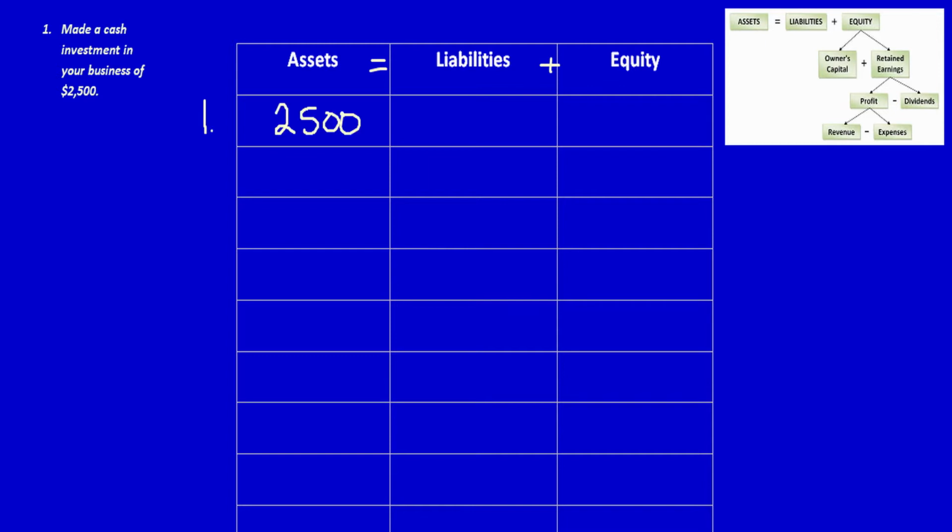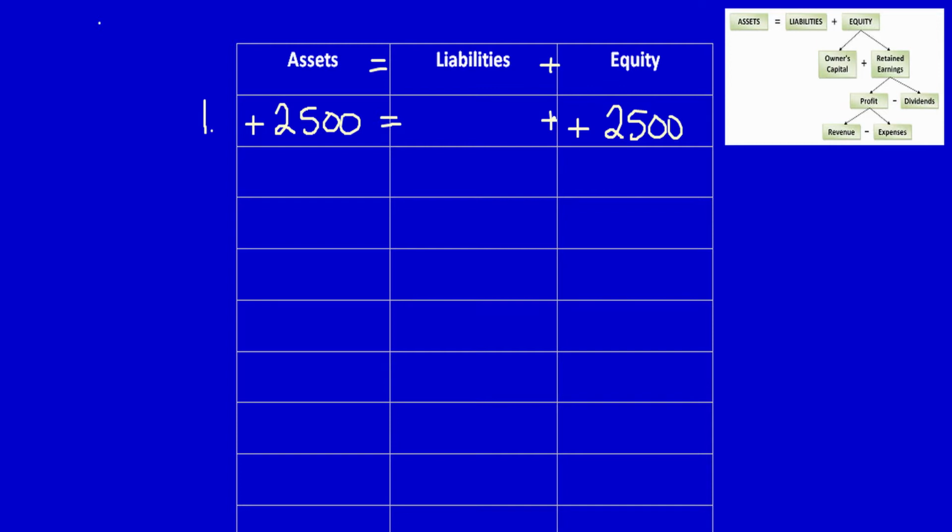What did the business give away? They actually gave away a slice of the business itself to you, the individual who invested in it. So in that case, that's owner's capital because that represents what has been given away by the business. Equity increases because owner's capital is part of equity. Equity increases by $2,500. Oh, it said to include the indicator. Notice that this equal sign still works because liabilities is 0.